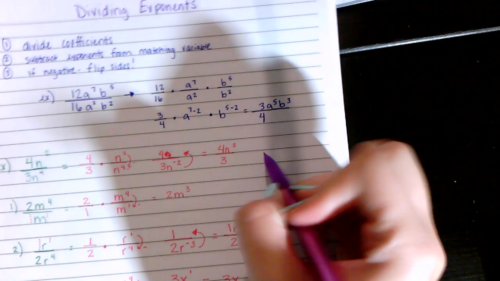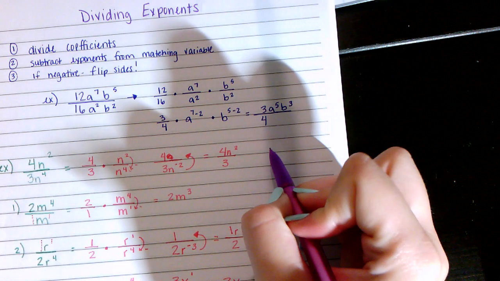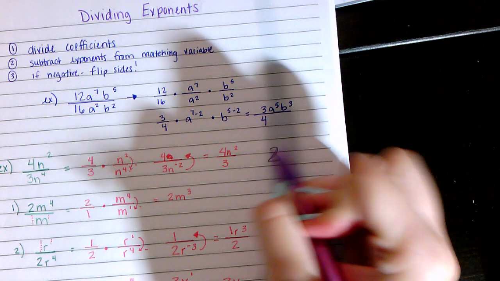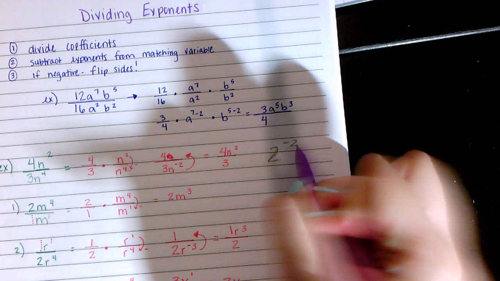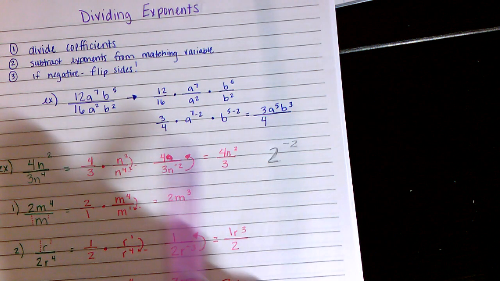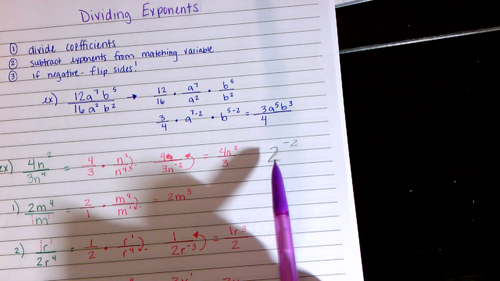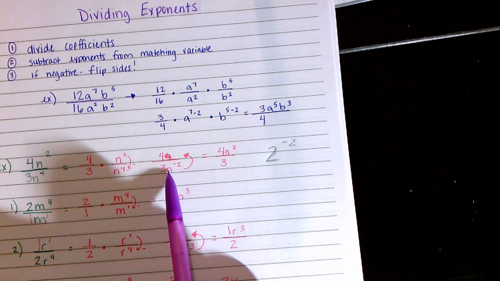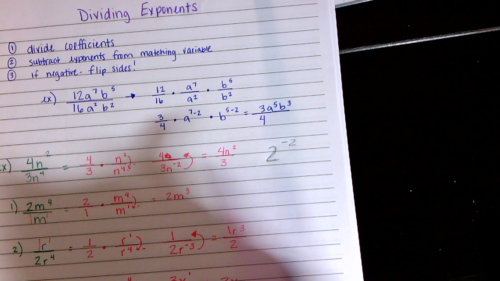So if I had, for example, I'm just going to write this here. You don't have to put this in your notes, but if I had 2 to the negative 2 power, well, we know based on the rules that we did over here, all I have to do is flip this and the exponent will become positive. So if I move this into the negative 2 up top, it became positive.